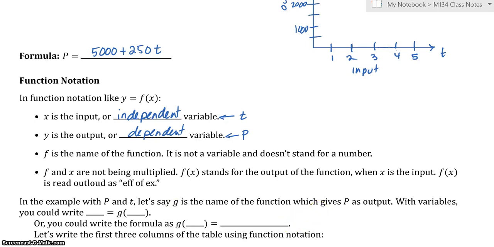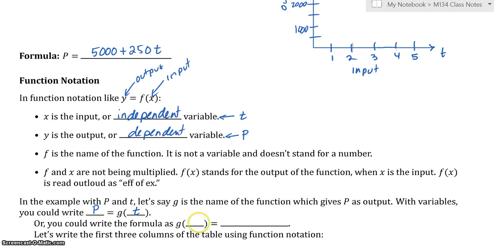You could call it P. They sometimes do that, but first of all, let's just call it G, which gives P as the output. With the variables, P is the output, G is the name, and T is the input. So this one is the output, the X is the input, and the F is just the name.